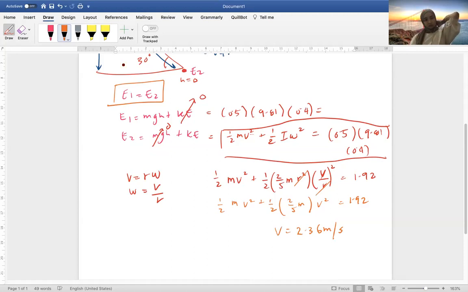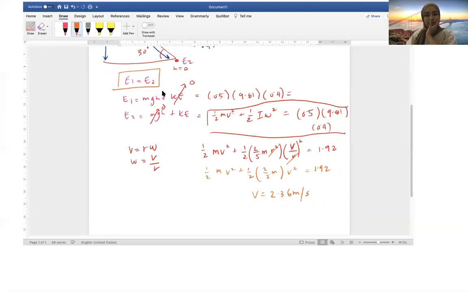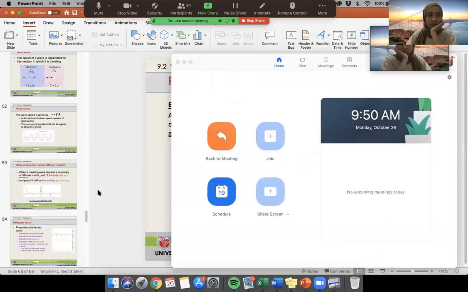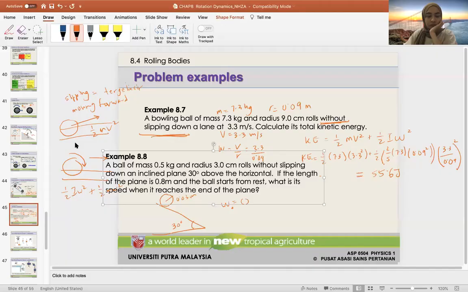Sorry, Doctor, can you show slide number 42 before you leave? Slide number 42. Kejap. Silap. 42. Share screen. Kenapa dia share ni? Sekejap. Okay, 42.